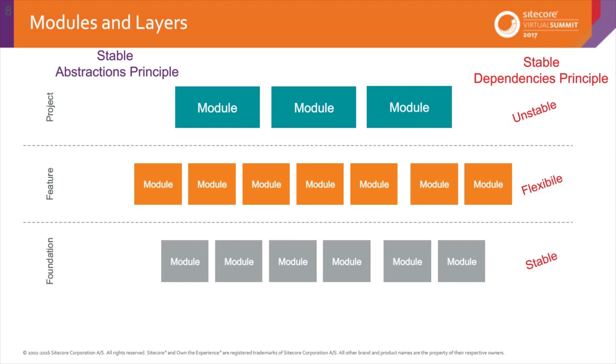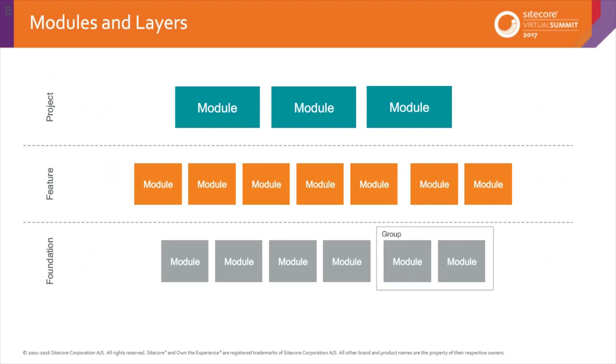Renderings that output specific features, they're a concrete implementation of the feature, but they're abstract in terms of context. And the foundation layer modules, these are concepts that can be used or are used across multiple features to obtain either domain or technical concerns. So, that was the stable abstraction principle.